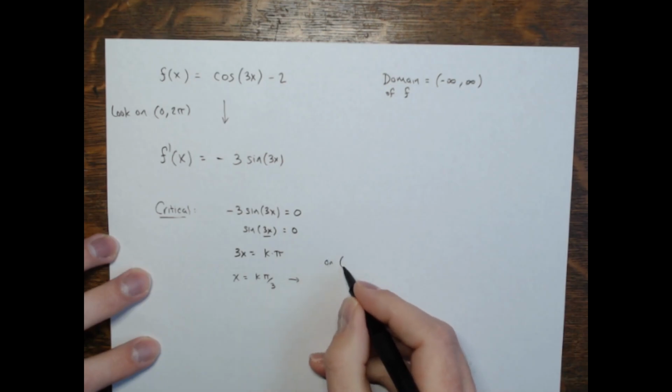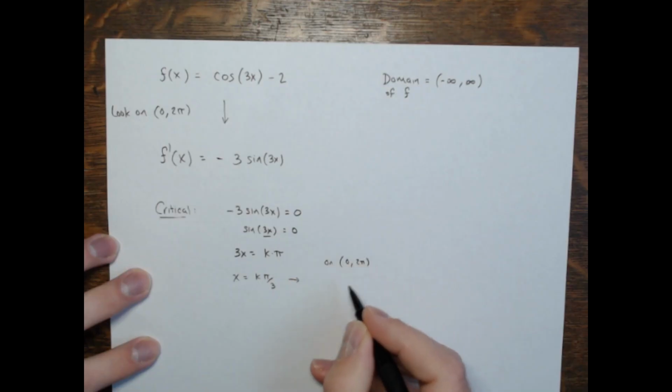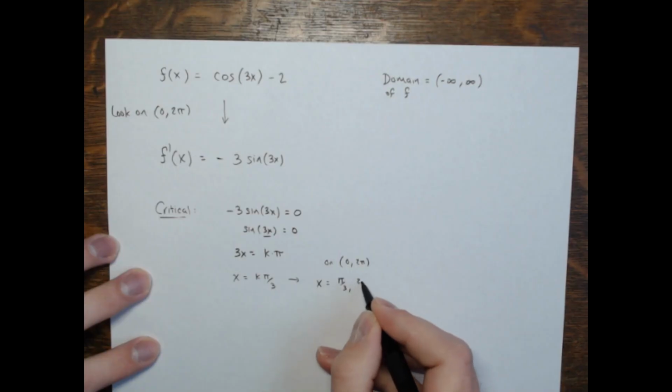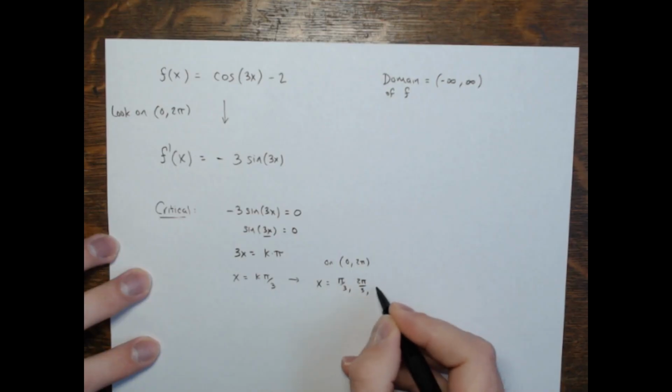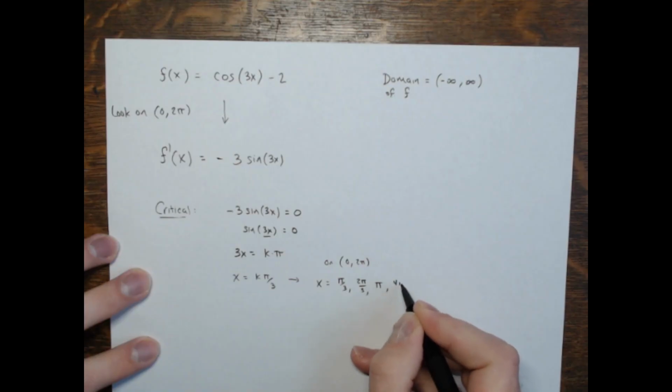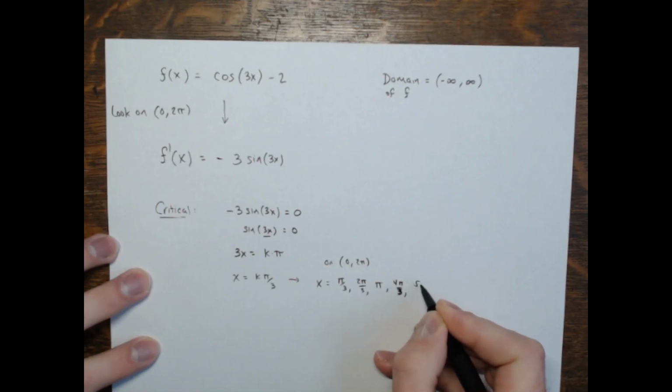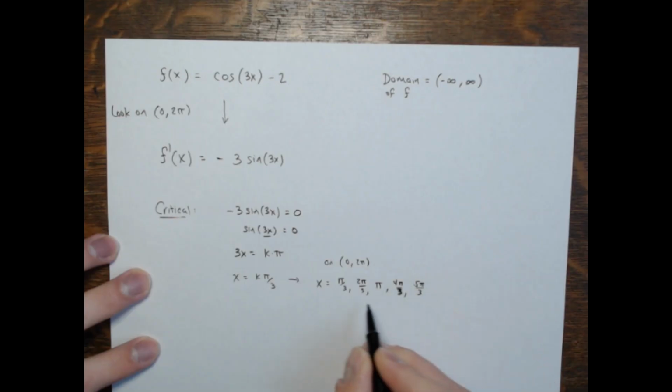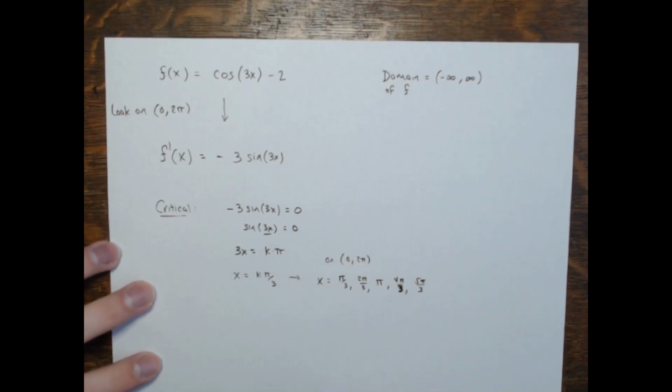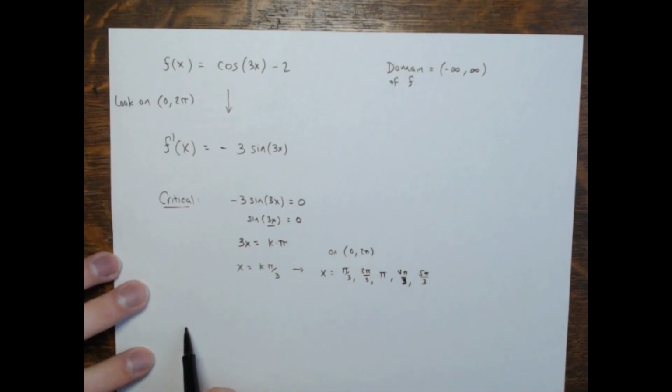So on the interval from 0 to 2 pi, x is going to be 1 pi over 3, 2 pi over 3, 3 pi over 3, 4 pi over 3, and 5 pi over 3. Because then 6 pi over 3 would be 2 pi, and then you're too big, right? So there are 5 possible critical values here.